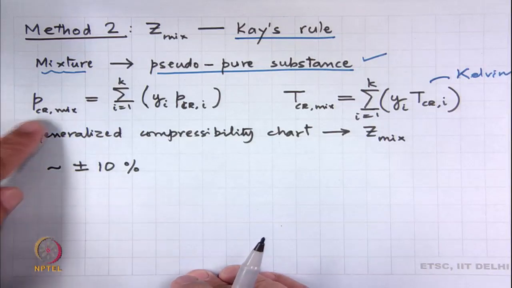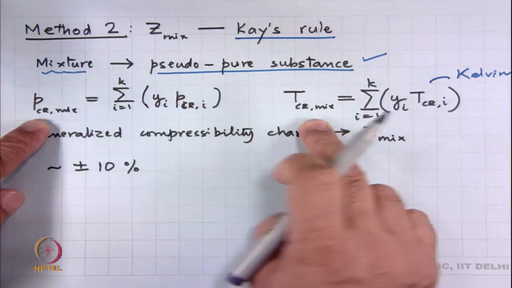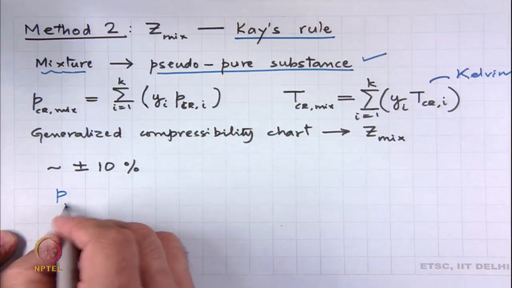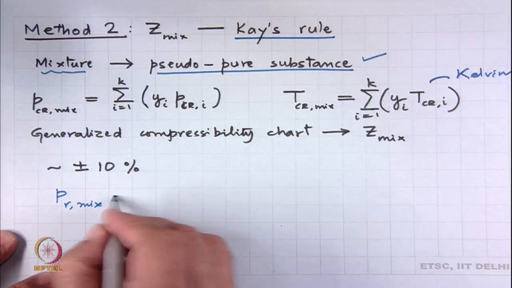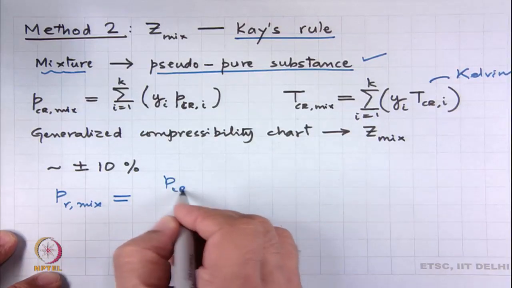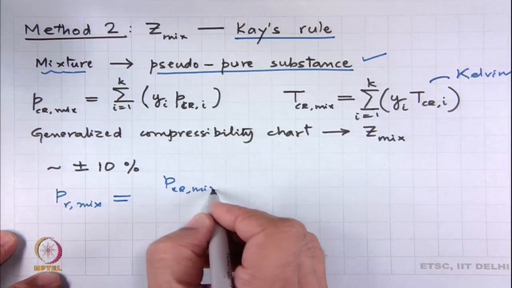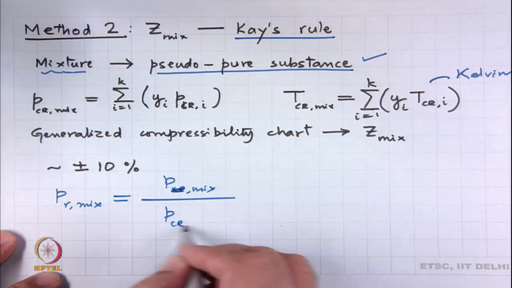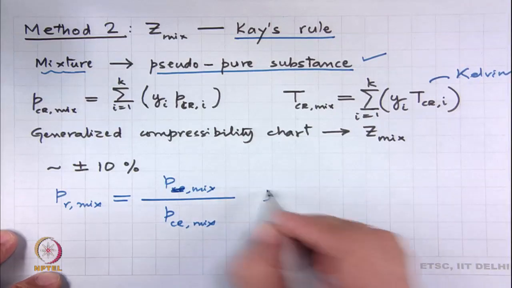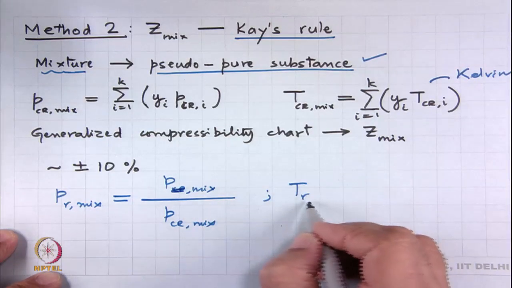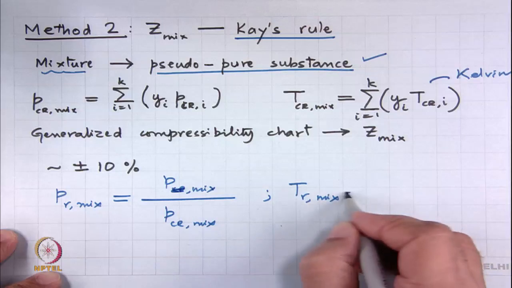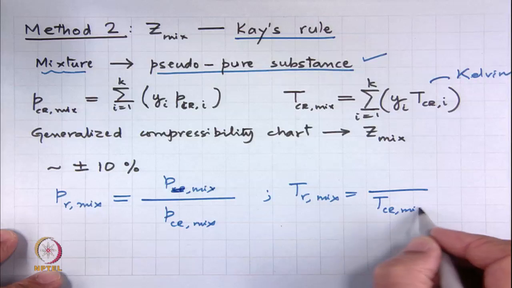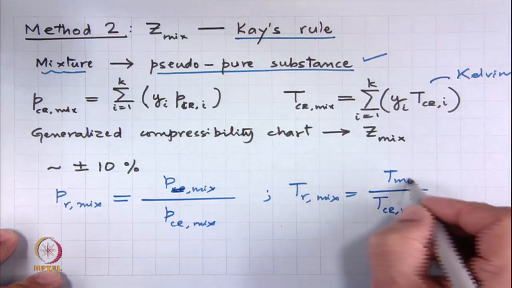So, we got the critical pressure of the mixture, critical temperature of the mixture, from that we can get the reduced pressure of the mixture. This is P mixture divided by P critical mixture, and similarly reduced temperature for the mixture will be T mixture in the numerator upon T critical mixture.